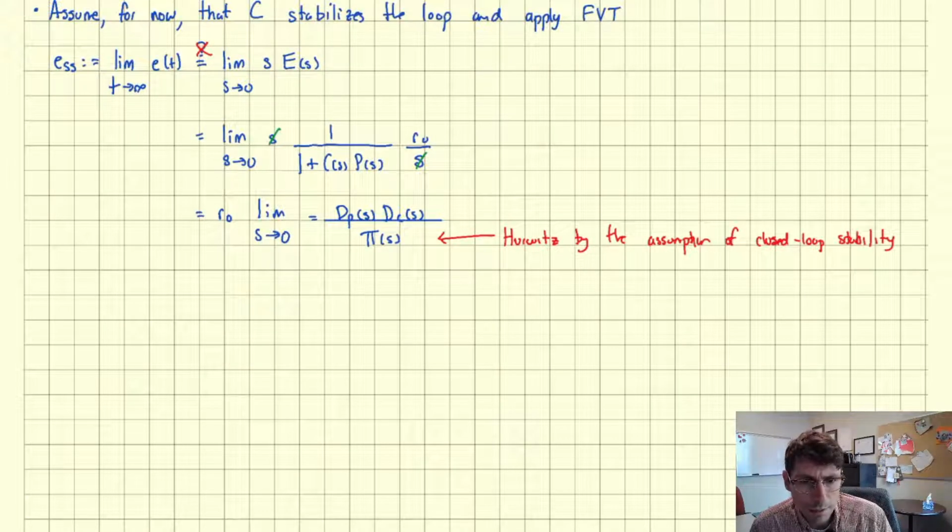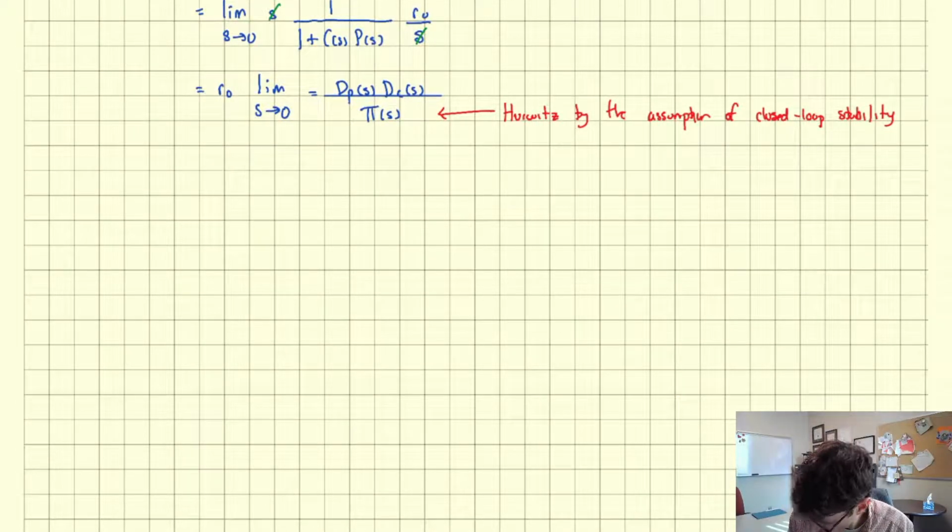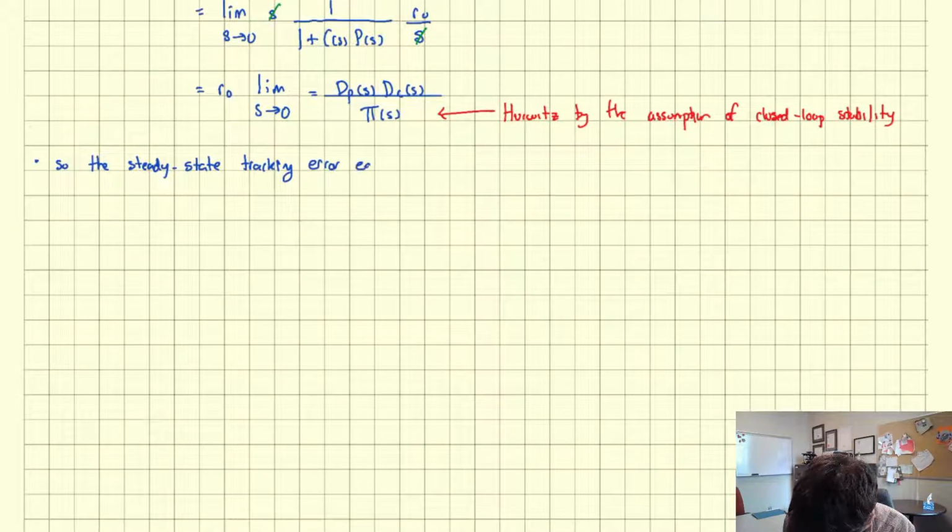Okay, but we want that steady state value to be 0. And so you immediately see that the only way that's going to be 0 is if, when I plug in s equal to 0 in that numerator, I get 0. So we get that the steady state tracking error equals 0.